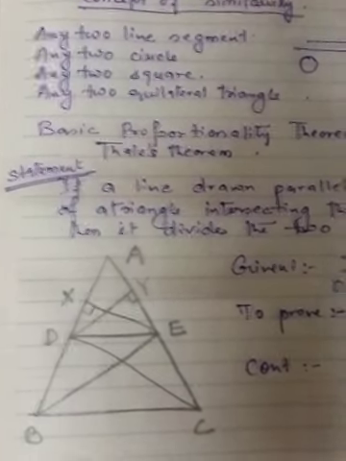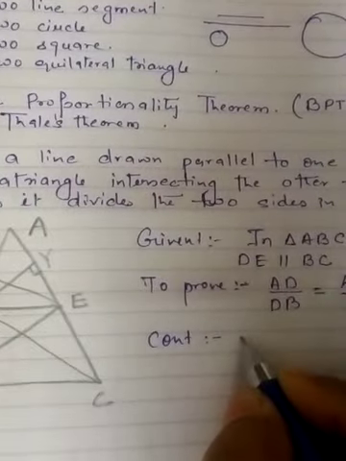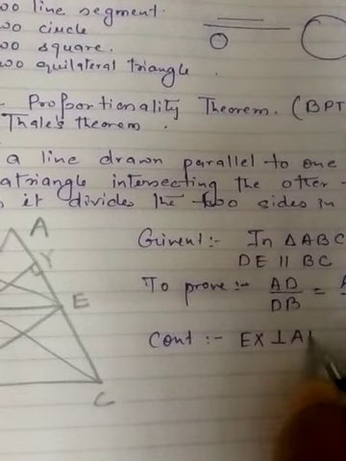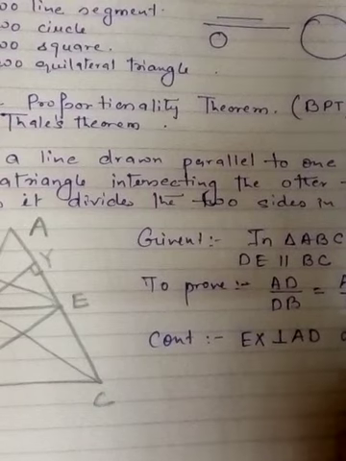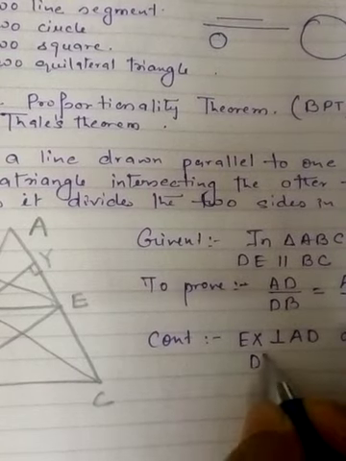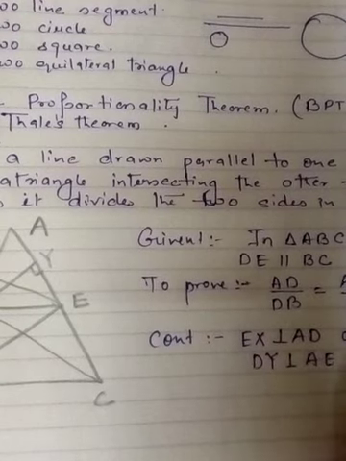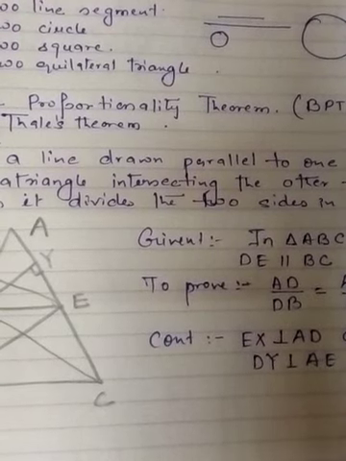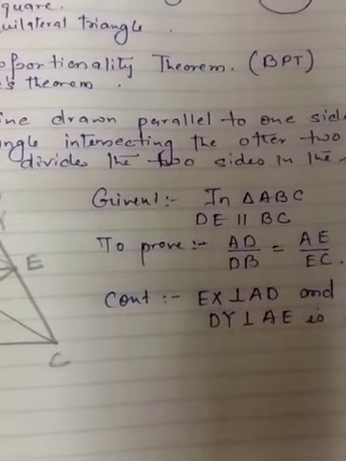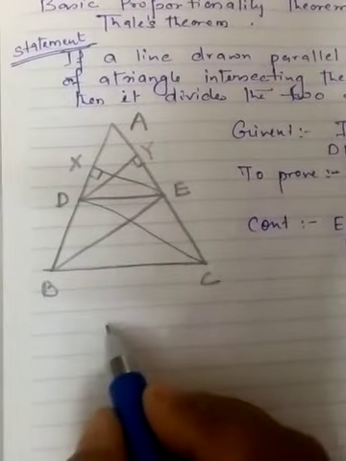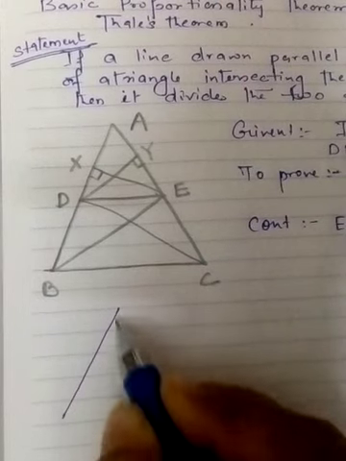The construction I have done is EX perpendicular on AD and DY perpendicular on AE is drawn. Now I am going to take this triangle. Suppose we have a triangle, this one.